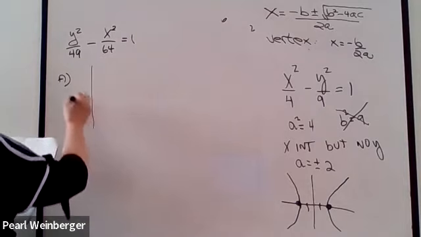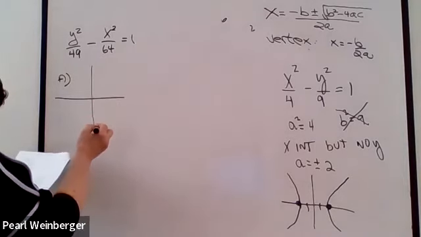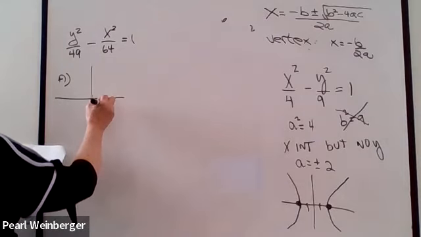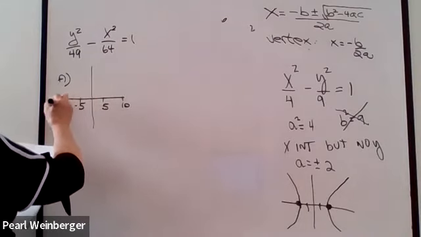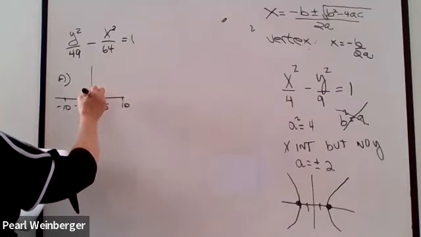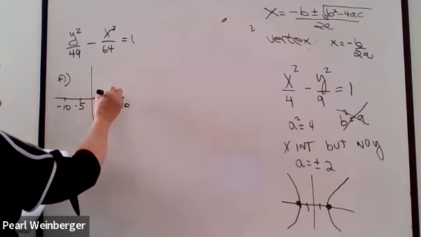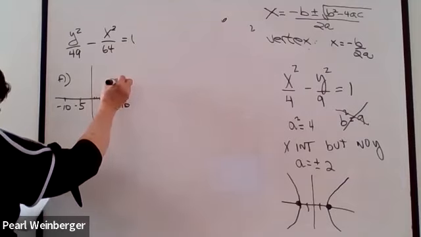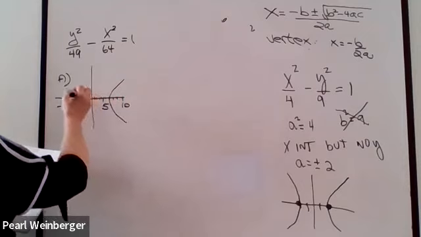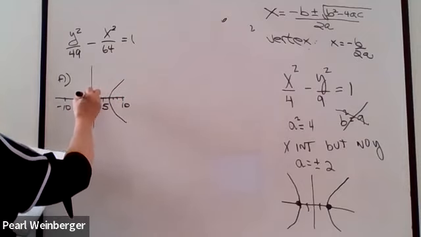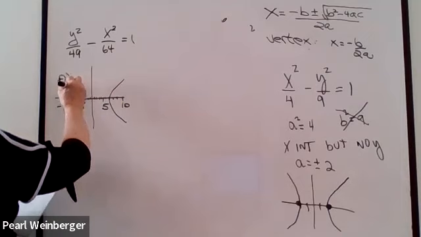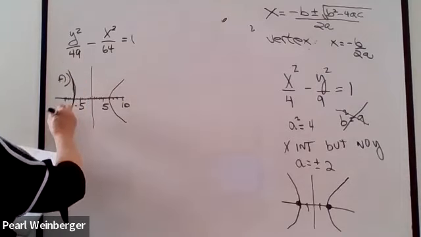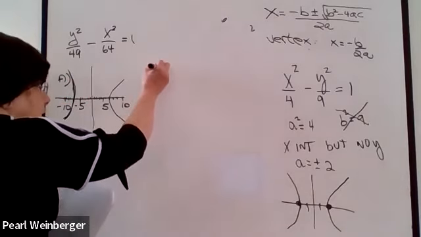And I'm going to try and graph them for you. That was choice A. Here's choice B.